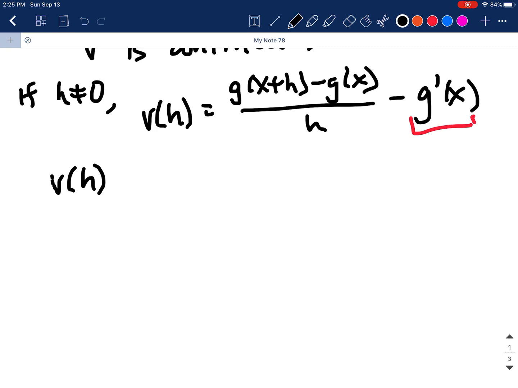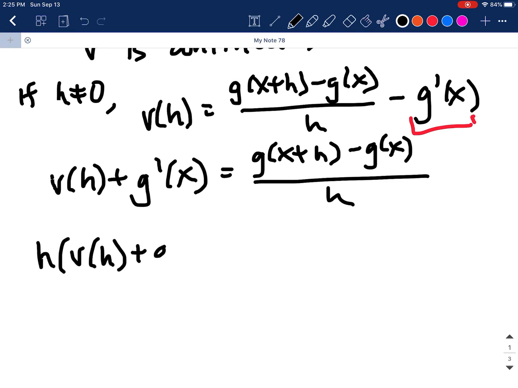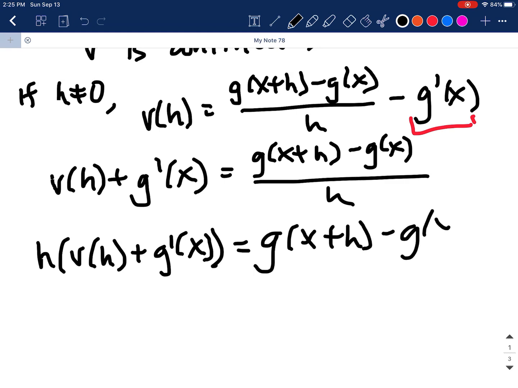So we end up with v of h plus g prime of x equals g of x plus h minus g of x all over h. Then I'm going to multiply both sides by h, again assuming h is not 0. So we'll have h times v of h plus g prime of x is equal to the difference of g of x plus h and g of x.